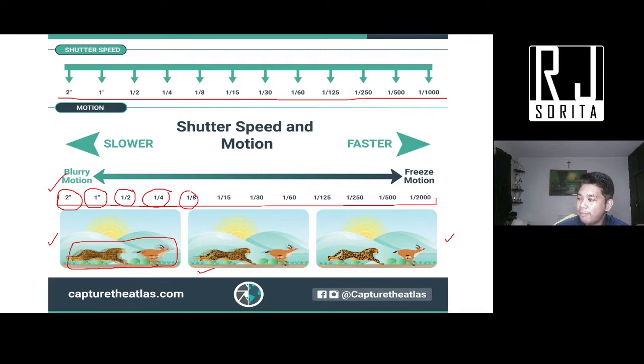But if you have a fast shutter speed, like what's mentioned here, freeze motion, since the shutter speed is only 1/2000 of a second, the capturing is very, very fast. The subject will remain in place and it will be more focused.